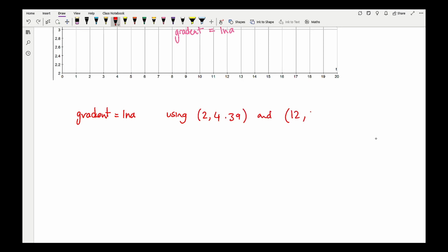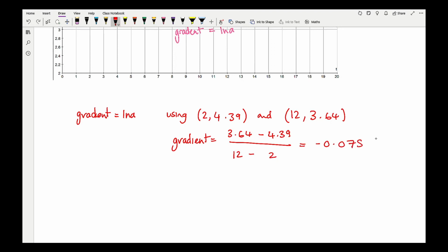I get that the gradient is going to be equal to y2 minus y1 over x2 minus x1, so it's 3.64 minus 4.39 over 12 minus 2. If I type that into my calculator, I get a value of minus 0.075, which makes sense because I've got a negative gradient. So that means that ln A is equal to minus 0.075.